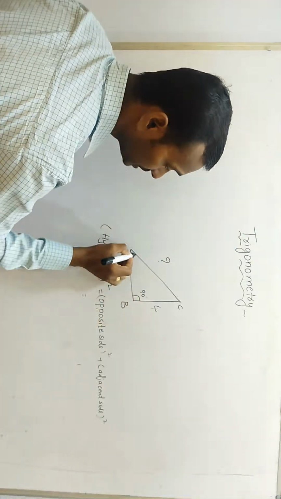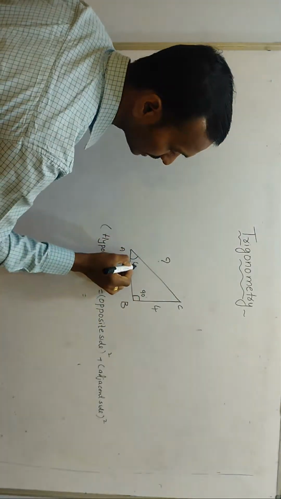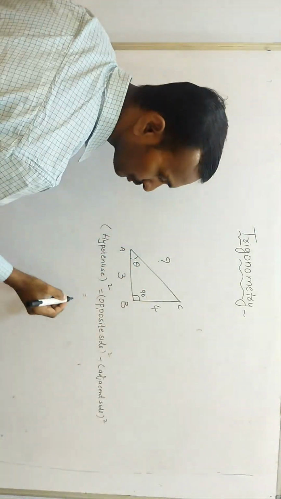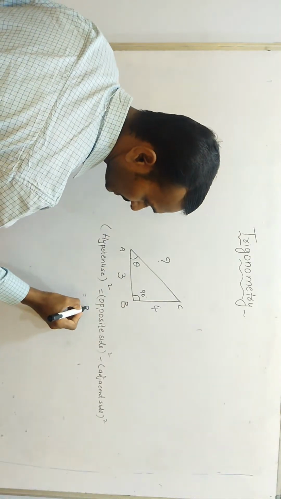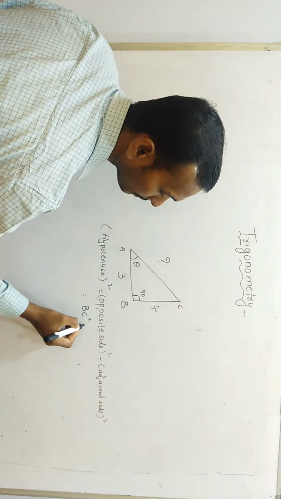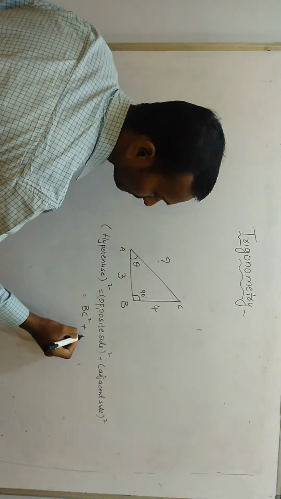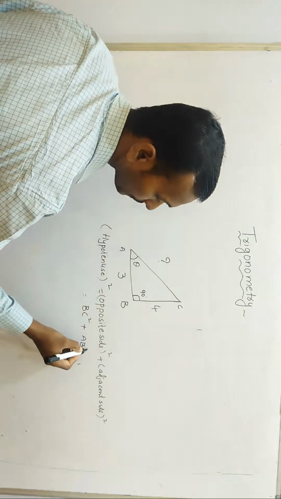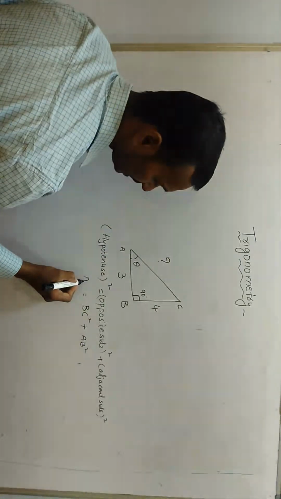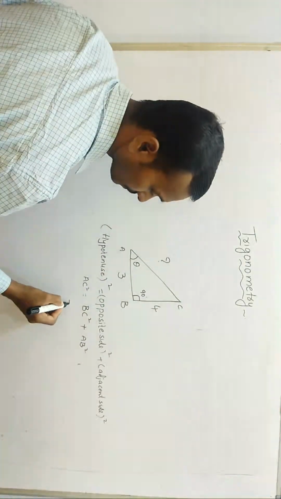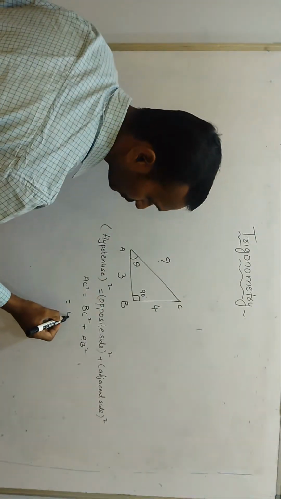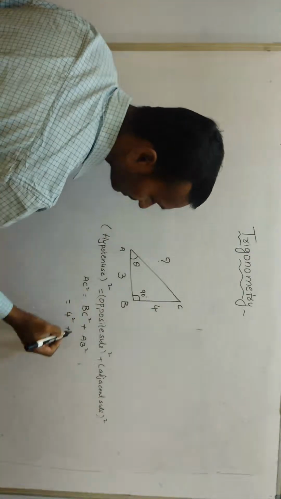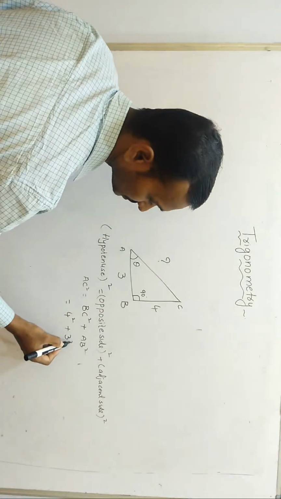So here, if the angle is here, this side becomes the opposite, that is BC square plus AB square. Hypotenuse is nothing but AC square. Substitute the value of BC, that is 4, and AB is 3.